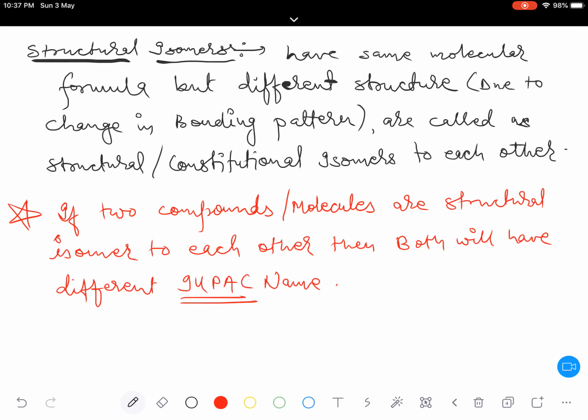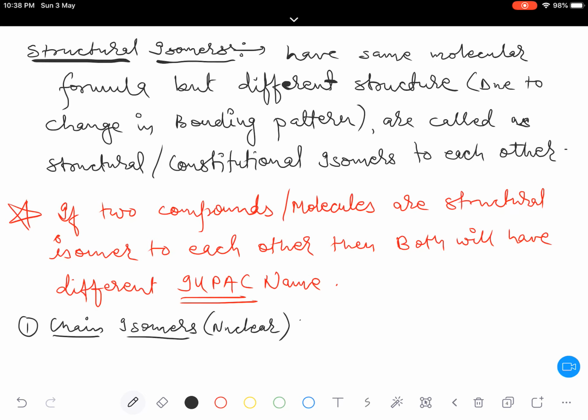So the first one I write is chain isomers, or nuclear isomers. We also call them nuclear isomers, meaning the number of atoms in the chain itself will change.